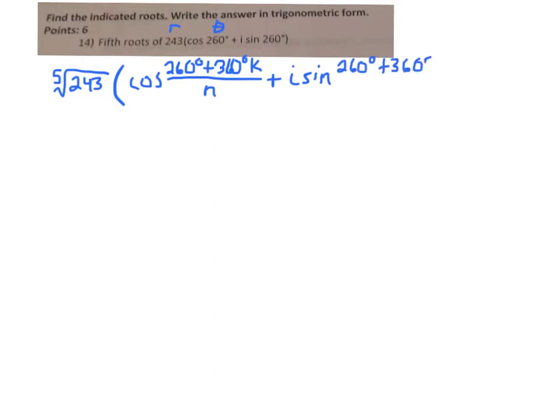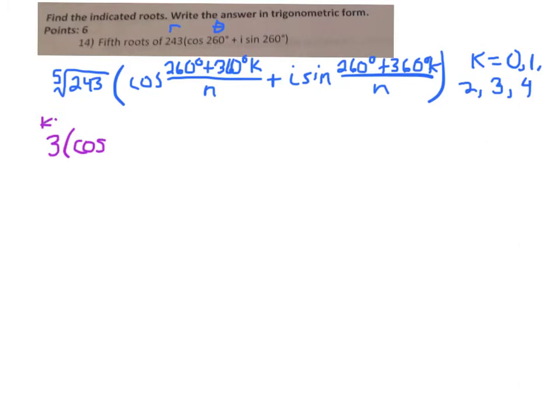So the fifth root of r would be the fifth root of 243 times cosine of theta, which is 260, plus, since we're talking about degrees, this is 360k over n, plus i sine of 260 plus 360k over n. And then we need our k's to be from 0 to 4: 0, 1, 2, 3, 4. So the fifth root of 243 is 3.